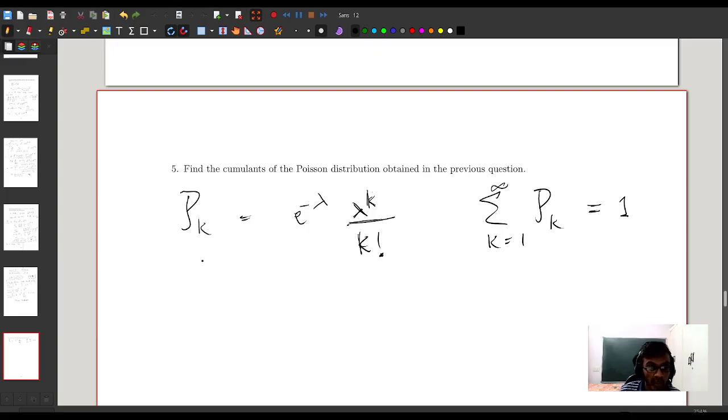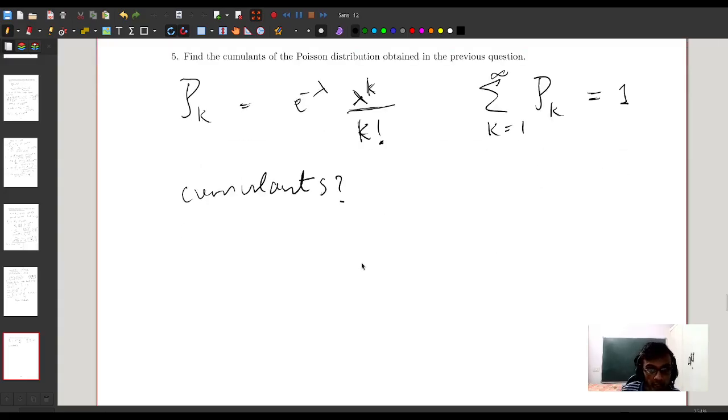So in this question we have to find the cumulants of this probability distribution. How is a cumulant defined for a probability distribution? Cumulants are defined using the characteristic function.